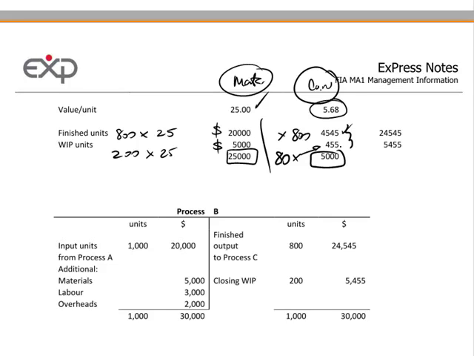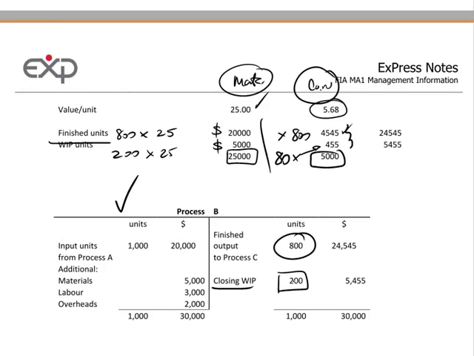Now, how does this relate to the process costing T accounts that we are used to handling? Well, again, if we look at process B now, on the left side, the 1,000 units introduced are as they were in the initial scenario. We have no normal losses present in this particular example, but what we do have is finished units, 800 of them, which are ready to be sent out to process C, and we have closing WIP of 200 units.